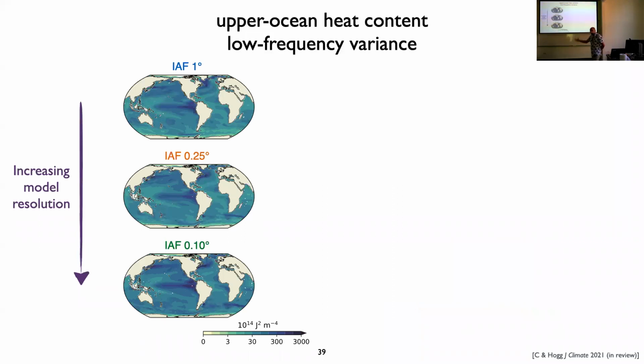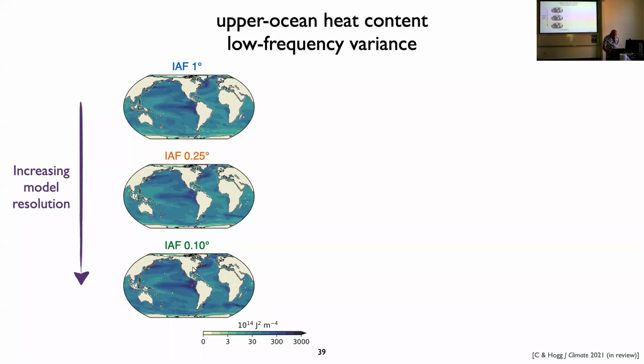First, for the models that are forced with realistic winds, the last 60 years of winds. And we find this. At first, they might look all the same. And indeed, if you notice at the tropics, they are very much the same. And then when you start looking closely, you can see, for example, in the Southern Ocean, as we increase resolution, there's more variance starting to appear, and even more.